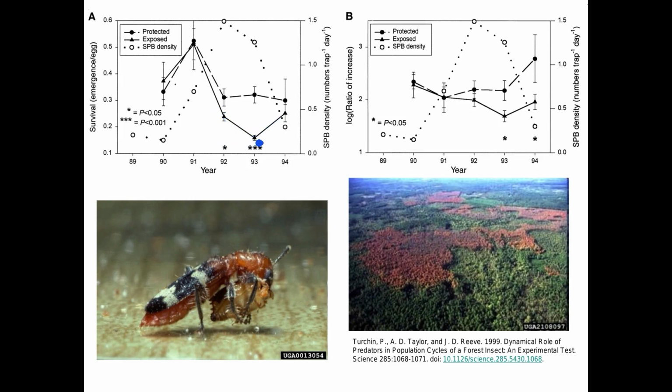So survivorship was less than 20% when the clerids had access, compared to 30% when there wasn't.